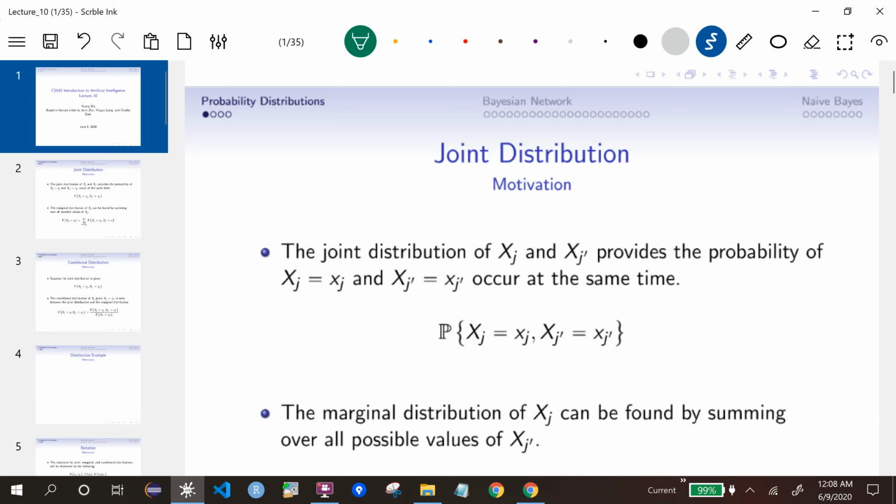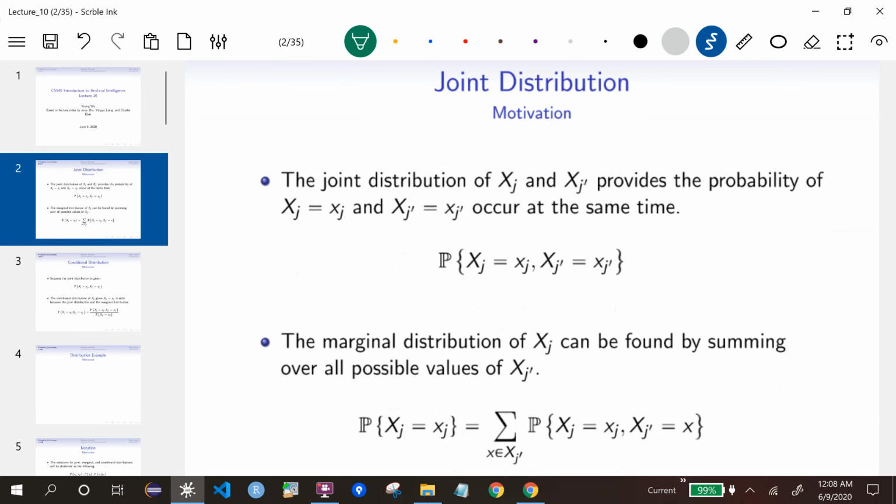variables. So the first important definition is the joint distribution between two or more random variables. It's basically specifying the probability of these variables taking on some specific values at the same time. So suppose xj can be either 0, 1, or 2. Xj prime can also be 0, 1, or 2.